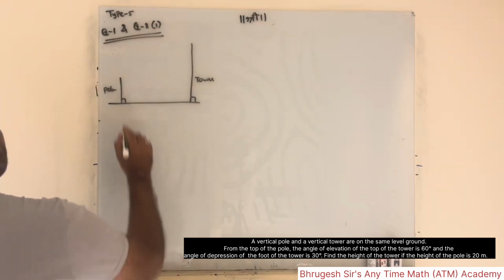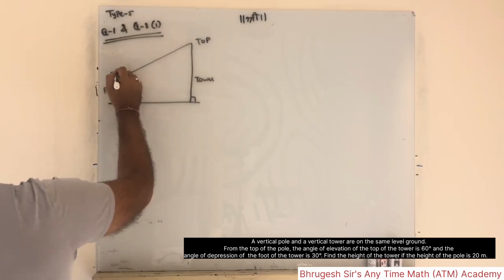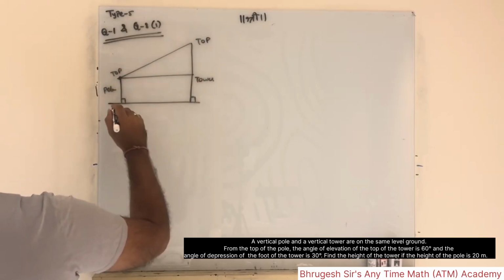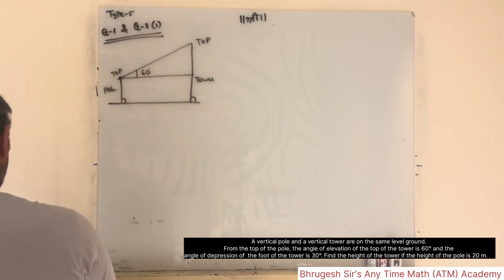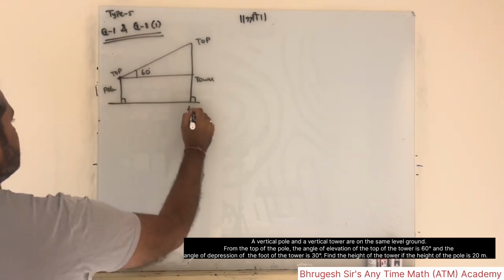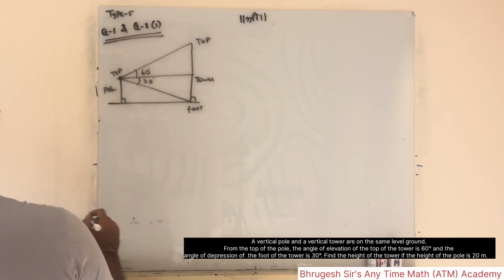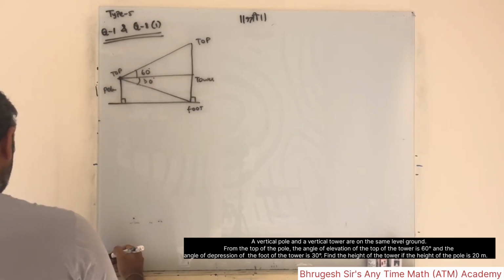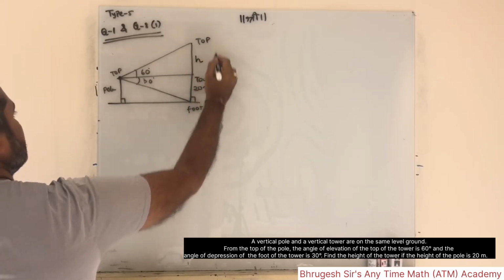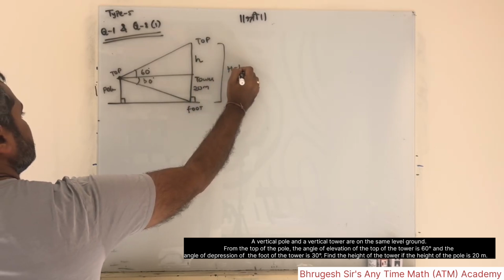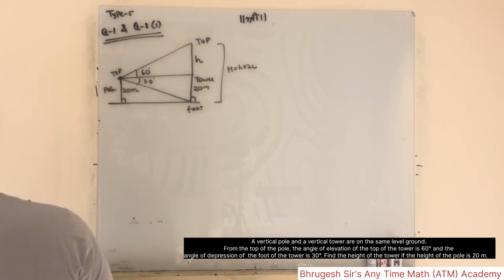From the top of the pole, the angle of elevation to the top of the tower is 60 degrees. And the angle of depression of the foot of the tower is 30 degrees. Find the height of the tower, the entire height of the tower. The height of the pole is 20 meters.